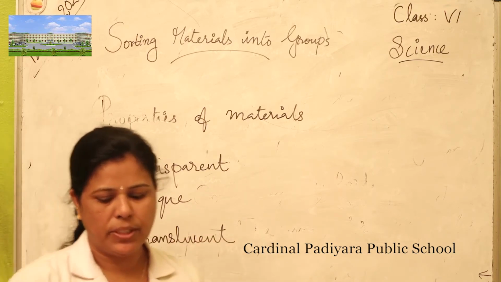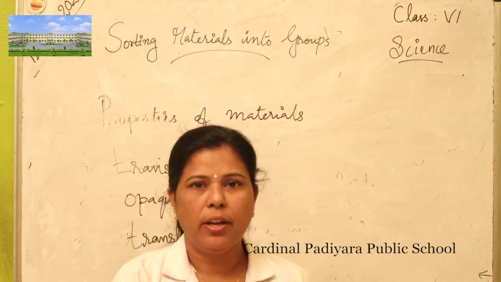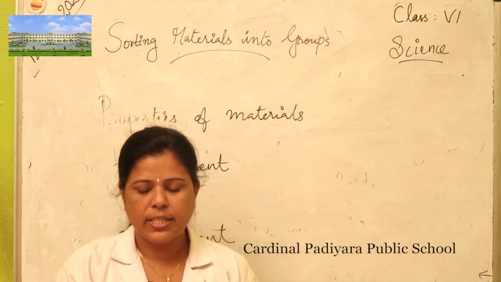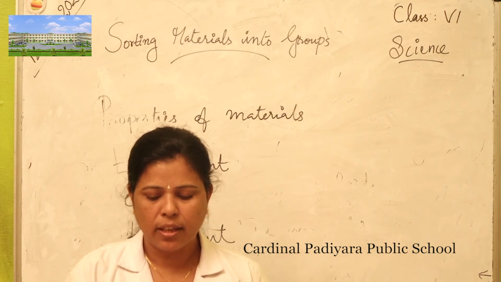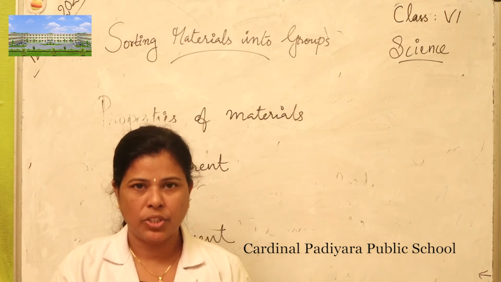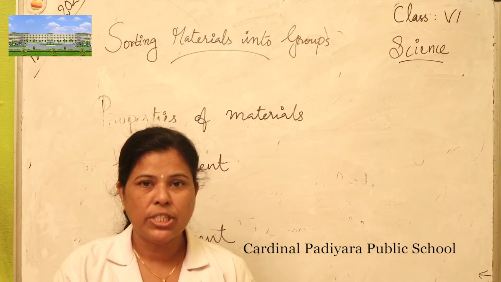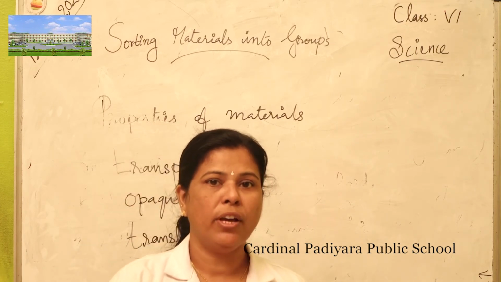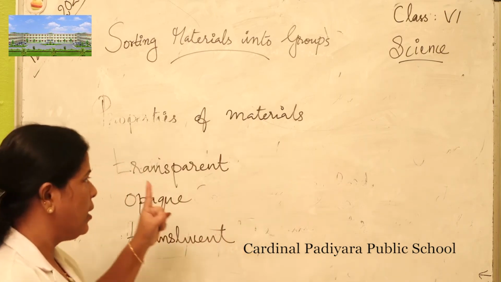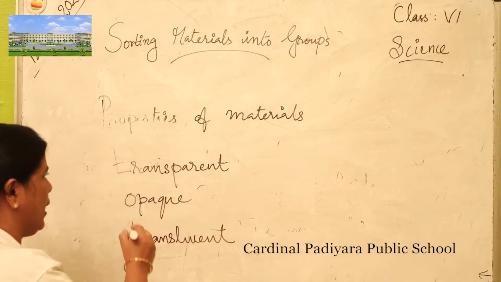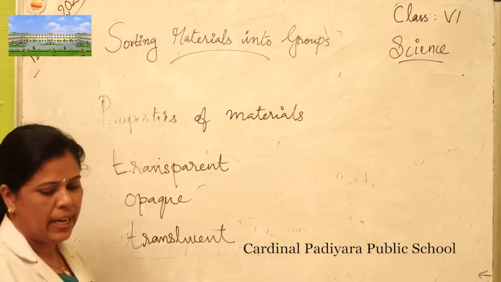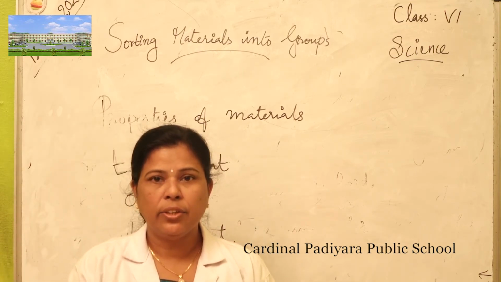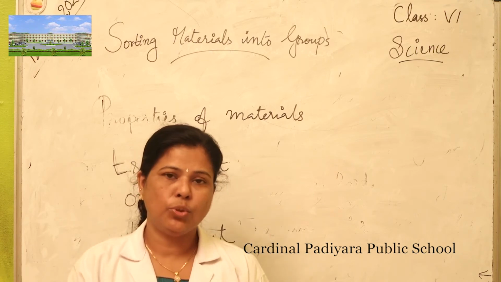Translucent materials. So materials are of three types. Some materials such as glass are transparent, that means they allow light to pass through them. Such materials are known as transparent materials. Some materials such as wood do not allow light to pass through them.